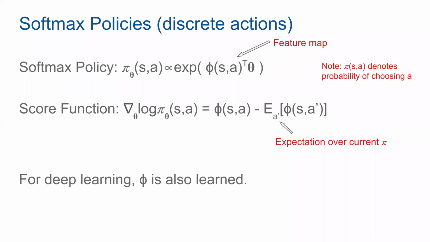Indeed, for most of the straightforward ways of doing deep reinforcement learning, we start with the linear policy that looks like this, and then we just allow phi to also be learned, specified by some neural architecture that you think is useful for this particular problem, and that's how you get deep reinforcement learning.